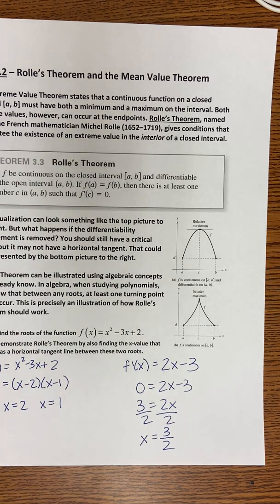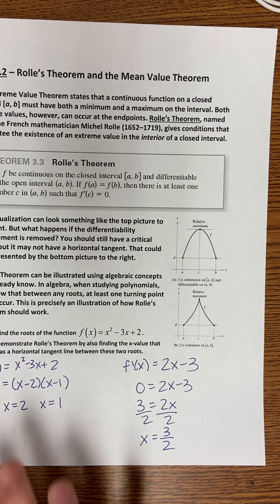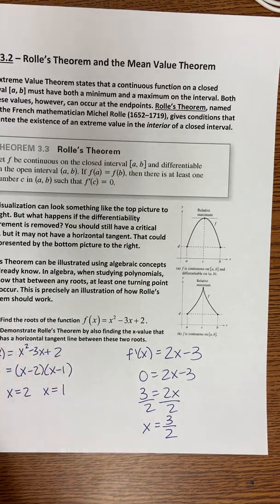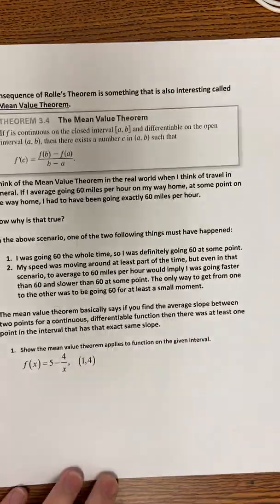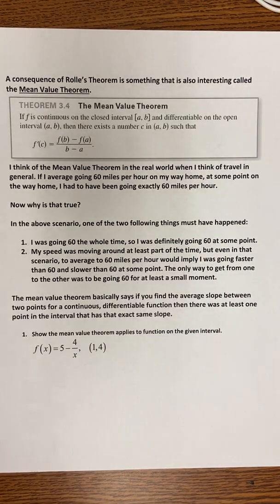Now, Rolle's theorem serves as a useful tool, but becomes really more important for proving the mean value theorem, which is a very, very important theorem in calculus. Mean value theorem has some applications in the real world. The way it was explained to me, though, is not necessarily one that I encounter often.